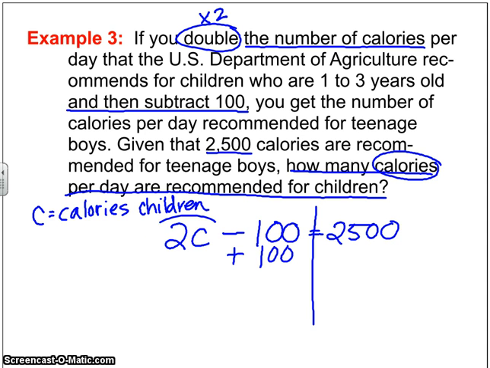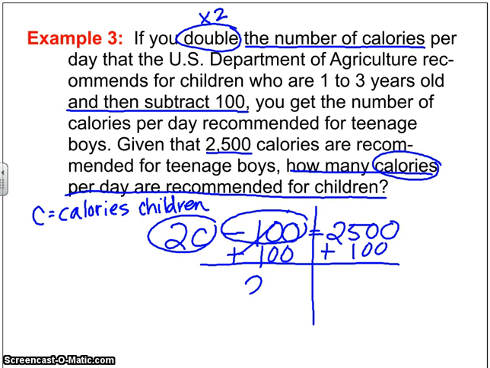Again, here C is being multiplied, and we have a minus 100 or a negative 100, so we're going to add 100 to both sides. We are left with 2C, and 2,500 plus 100 is 2,600. C is being multiplied by 2, so we divide both sides by 2, and we get C equals 1,300.